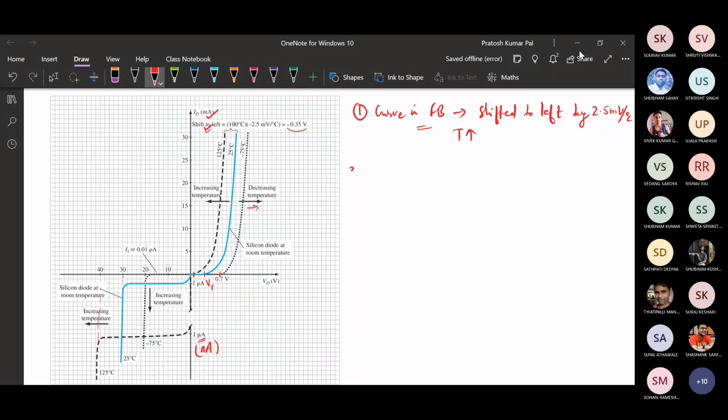So with respect to the curve, next we can see the cut-in voltage, or we can call it knee voltage.